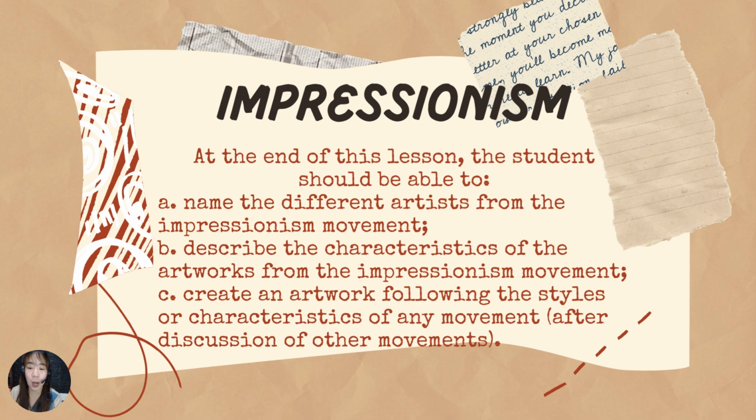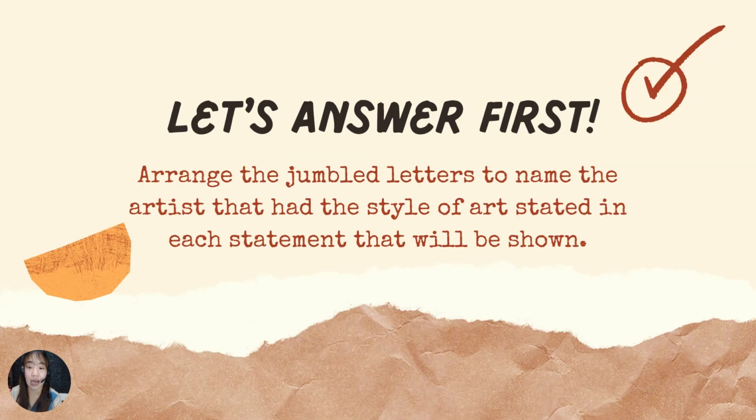Before we continue, let's answer this first. Arrange the jumbled letters to name the artist that had the style of art stated in each statement that will be shown. I am going to show you statements from these artists, and then you are going to name the artist that had the style.